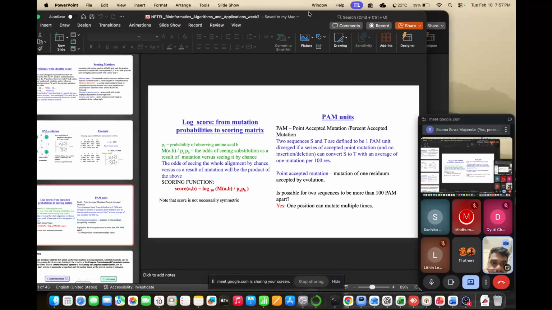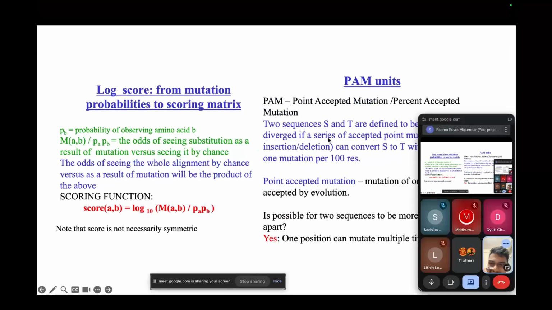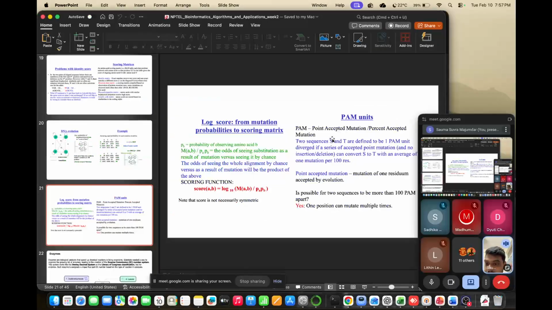For the PAM matrix, I think you're talking about this. Yes, sir, the last part, the Rij value. Are you talking with respect to the PPTs? Yes, sir.